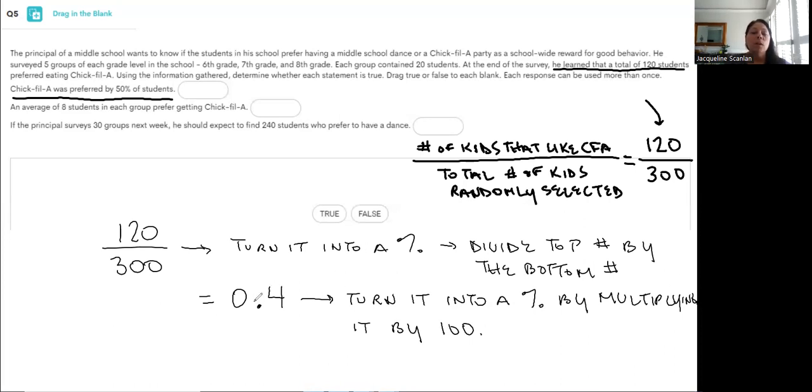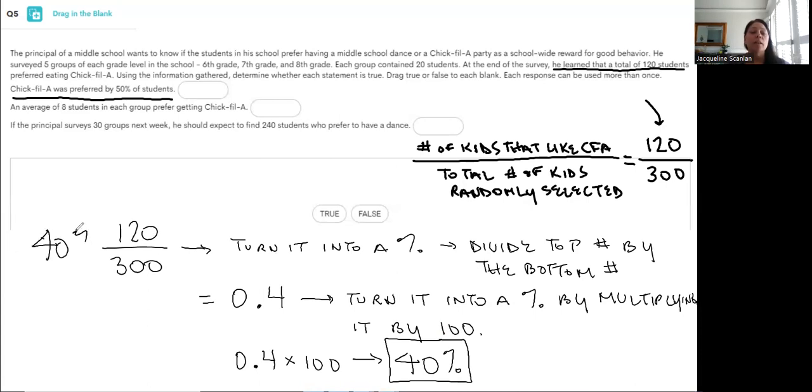All right, so I'm going to multiply 0.4 times 100, and I'm going to get whatever I get. And if I did that on my calculator, I would get 40. That is my percent. So what this fraction represents, this 120 out of 300 kids, represents 40% of the kids that were surveyed.